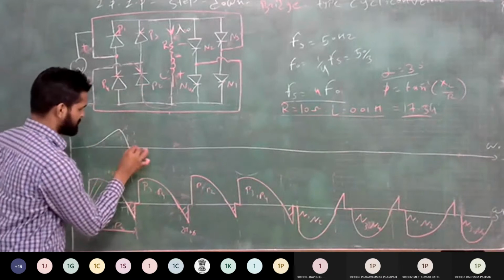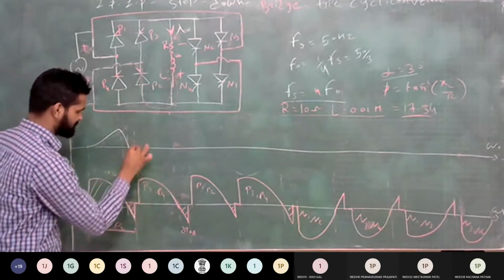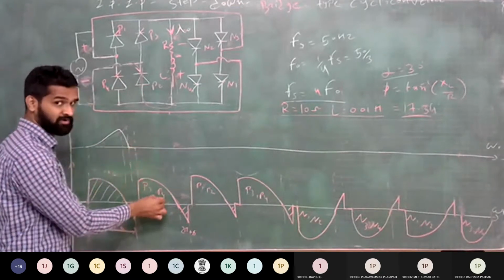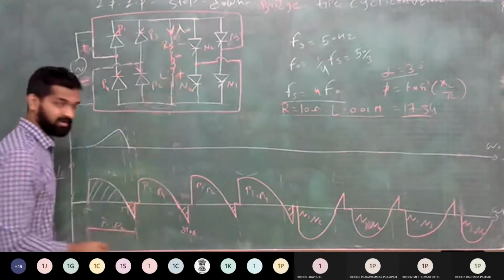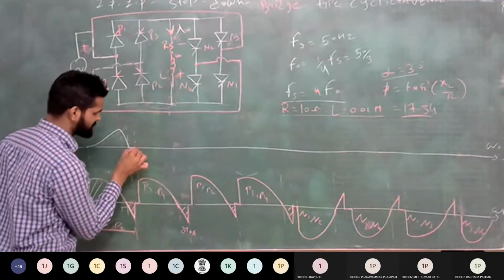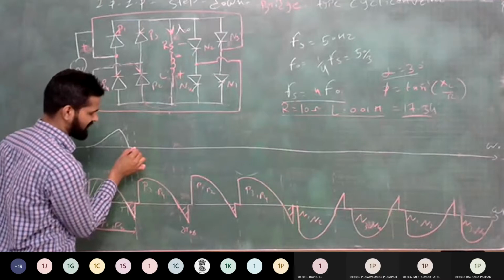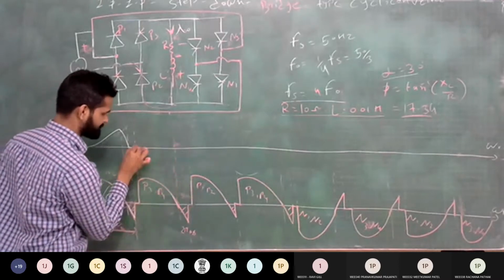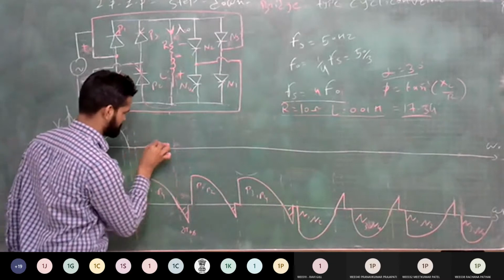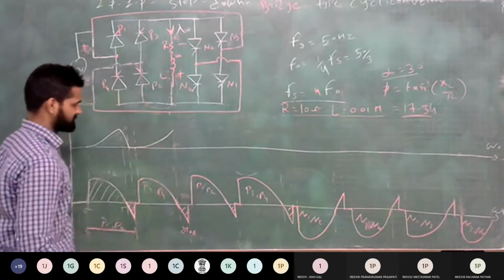Clear? And again at pi plus alpha, you turn on P3 P4, which gives a positive voltage. It means you get the positive current. So again current is gradually increasing from pi plus alpha up to this 2 pi, like this.